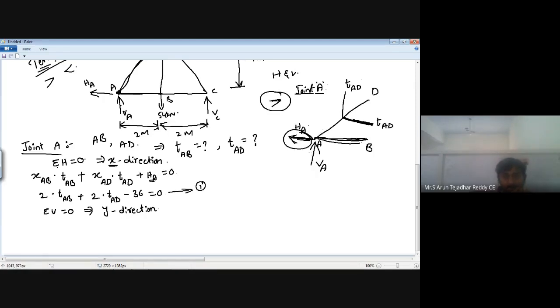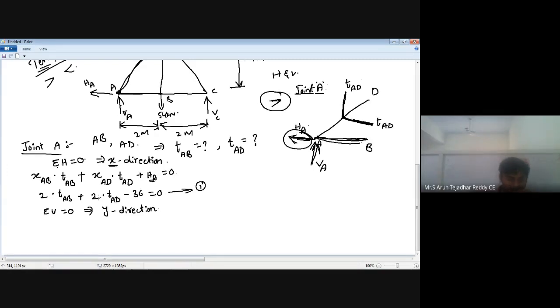And once again observe in this joint A diagram how many vertical forces are acting here. That is VA is the vertical force, TAD also vertical force. Only two vertical forces are acting.